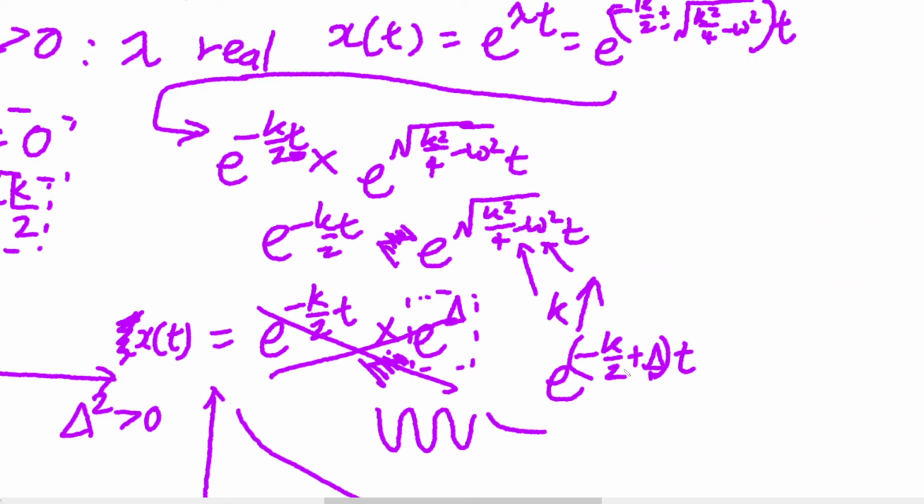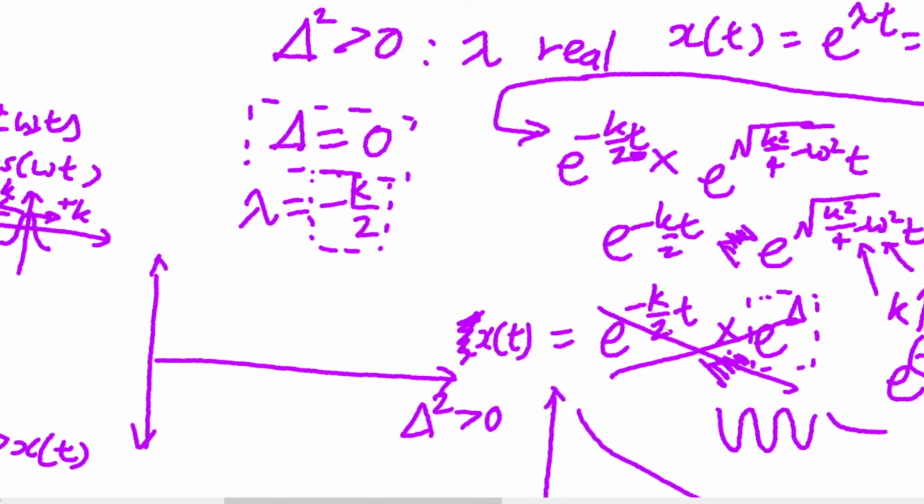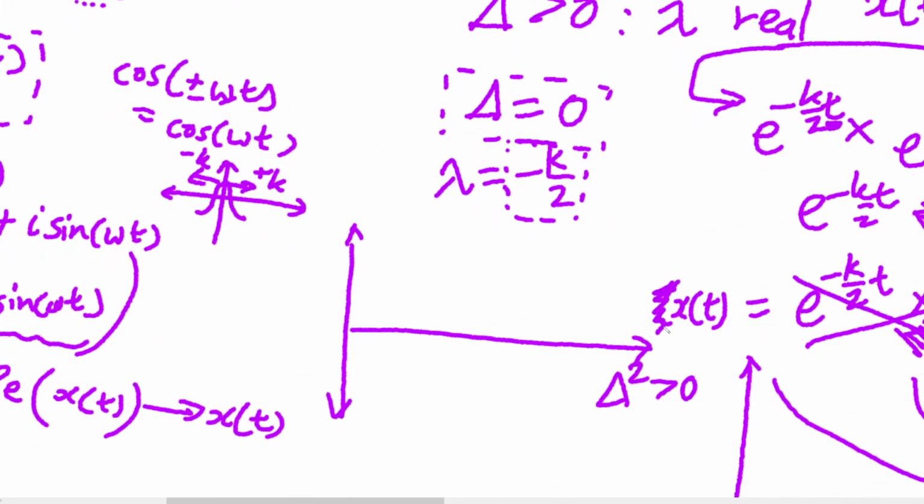It's minus delta, because 1 over k over 2 plus delta will be smaller than 1 over k over 2. Wait, I'm really confusing myself with this. Okay, we're just going to go with it being plus delta for the time being until I can circle back and figure that one out properly.